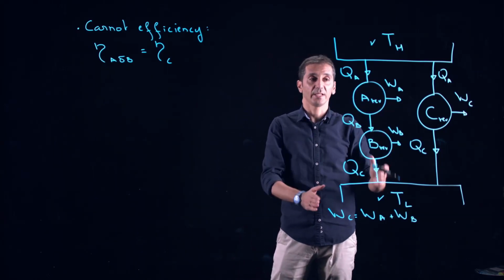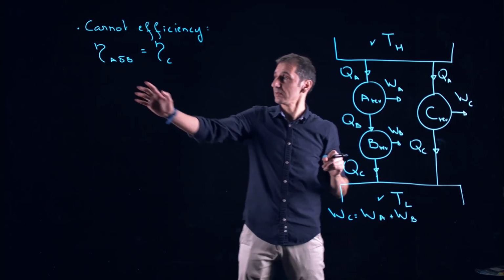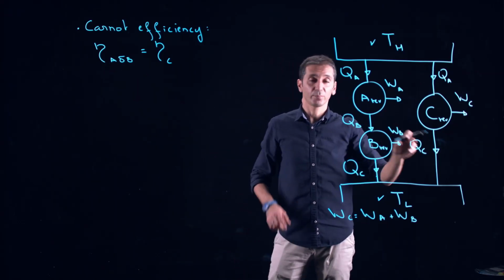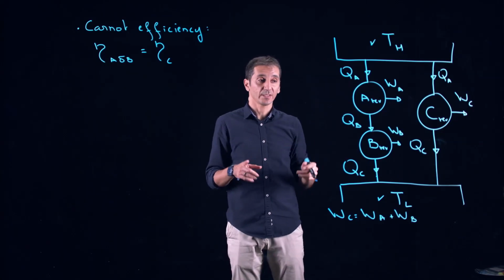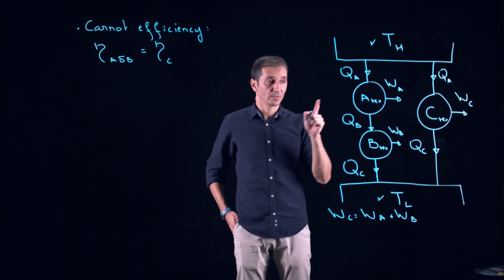Here I'm putting A and B, and here only one, which is C. So the Carnot principle is telling us that they have to have the same thermal efficiency.